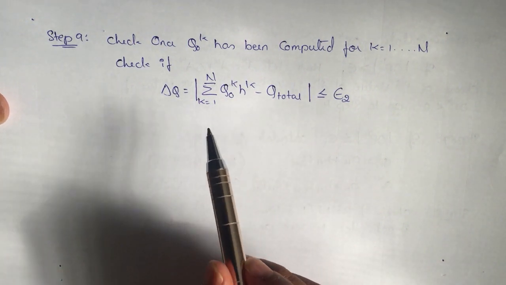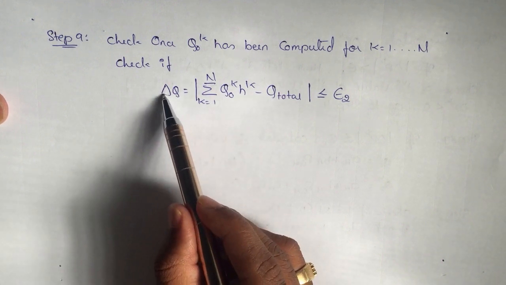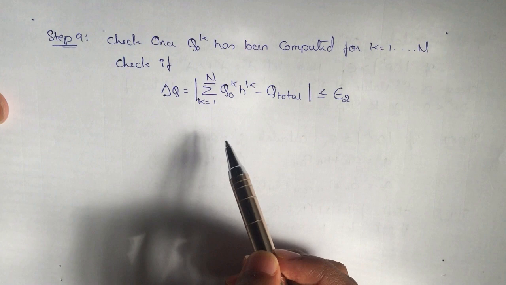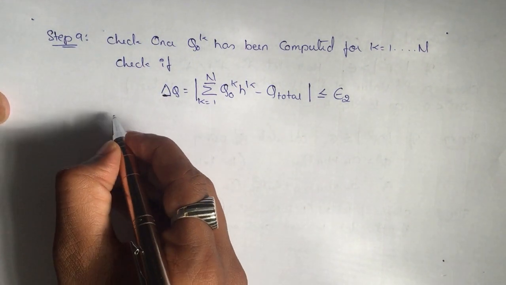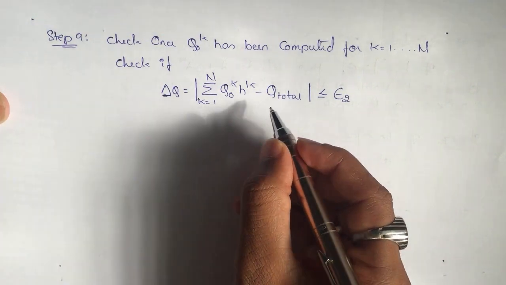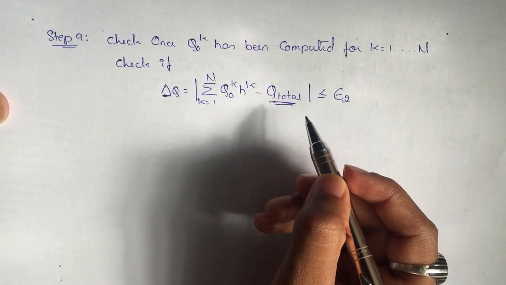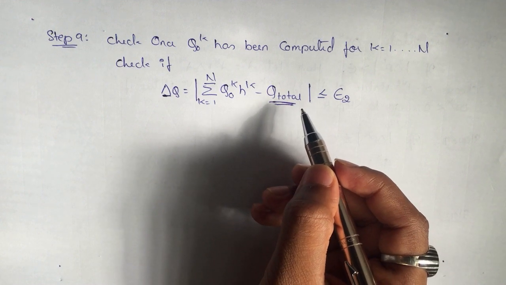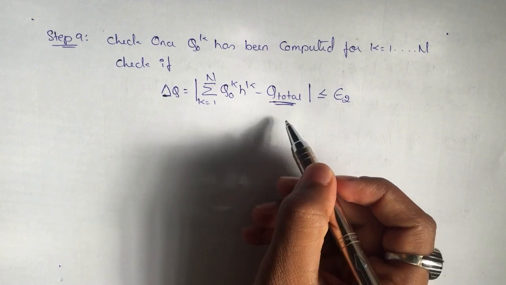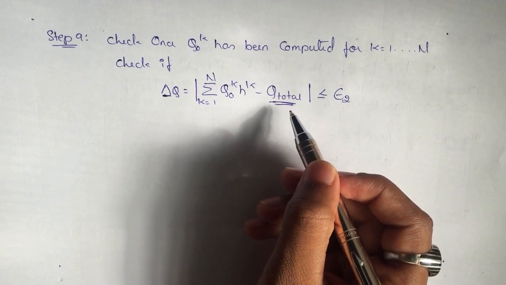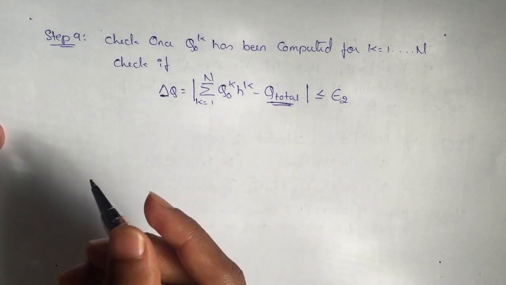And here we'll check whether delta Q is 0 or not. This should be equal to 0 as per our calculations, where Q naught is the total value available, total water available for discharge for hydropower plants. Q total is the total water available for discharge in the hydropower plant.